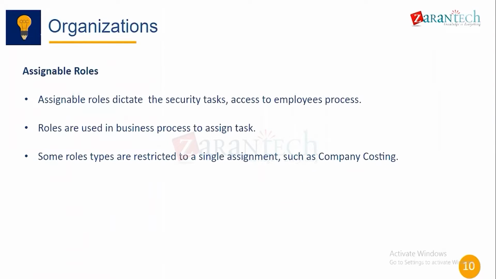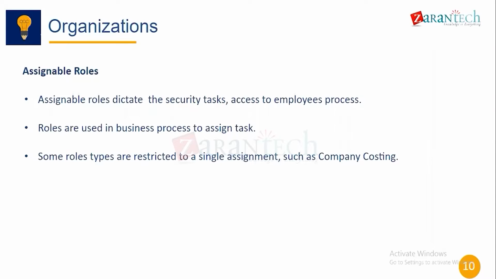Assignable roles are what we will work on today, and how we can assign the roles to our organization. We have created one company, one reorganization, and one supervisory organization. For all of these organizations, we will see how to assign the assignable roles, how the employees get access to these role-specific organizations, and what the roles are that are used in business processes to assign tasks.